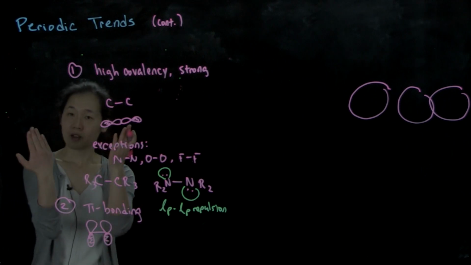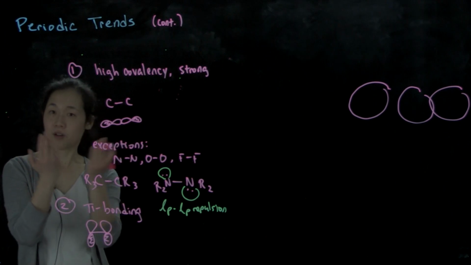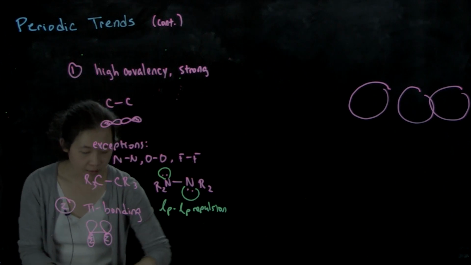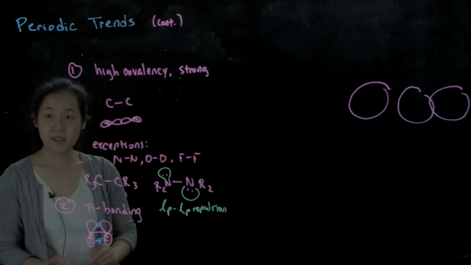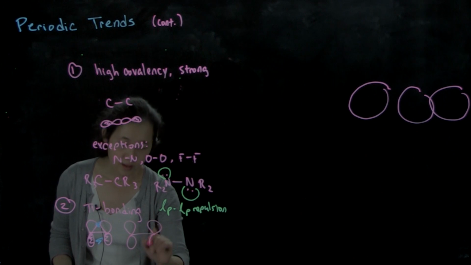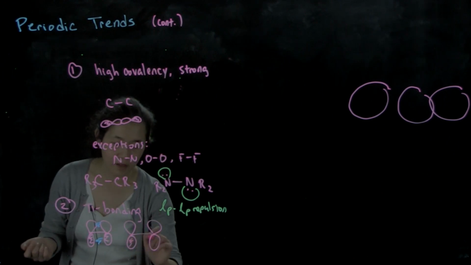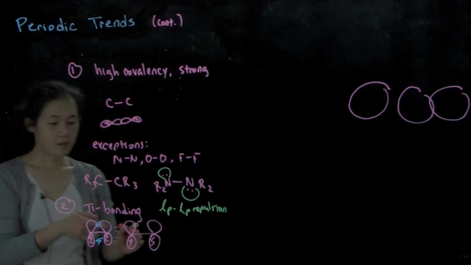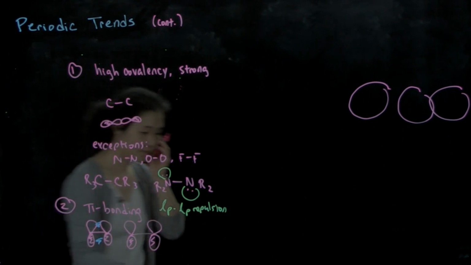They're less overlapped than a sigma bond, so that's why they're weaker, but their atoms are close together, so we can have good overlap over here. In comparison, with silicon-silicon, they're further apart. They're kind of facing up, not pointed even at each other, so that overlap is very poor. So silicon-silicon would have weak to negligible pi bonding.